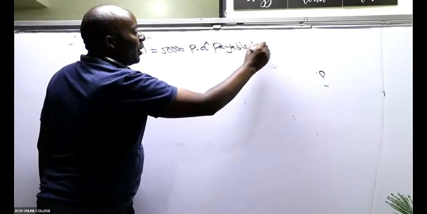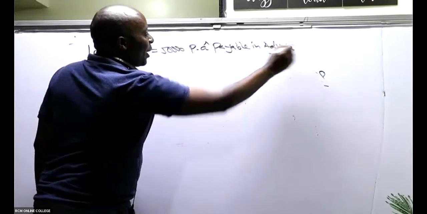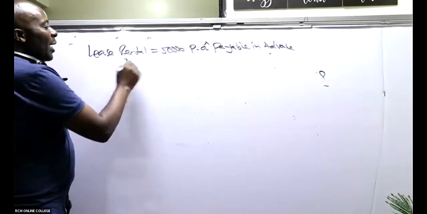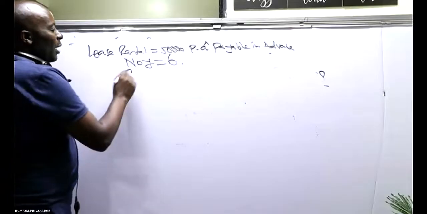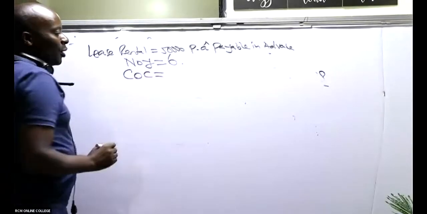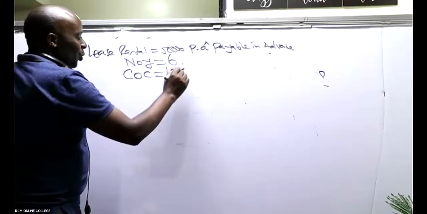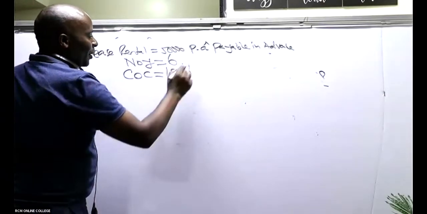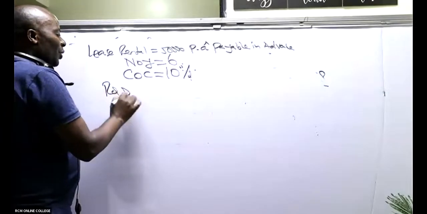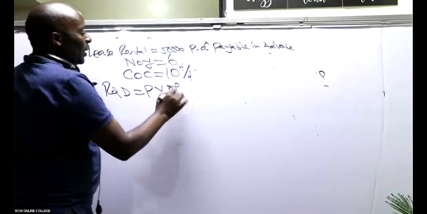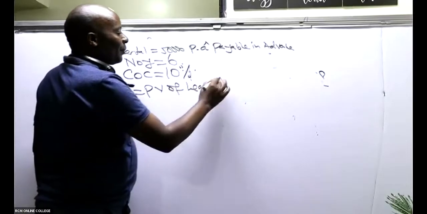The number of years is 6, for example. They'll come and give you the cost of capital, let's use 10%. And then, of course, you'll be required to give the present value of the lease liability.